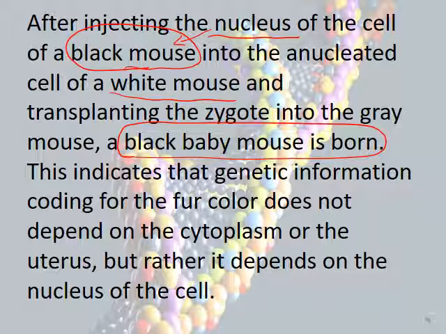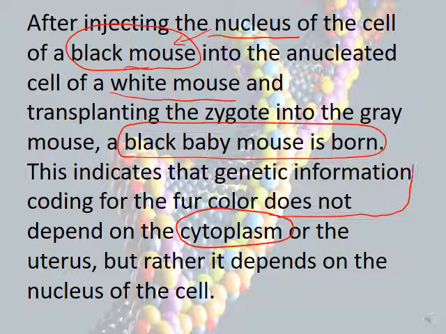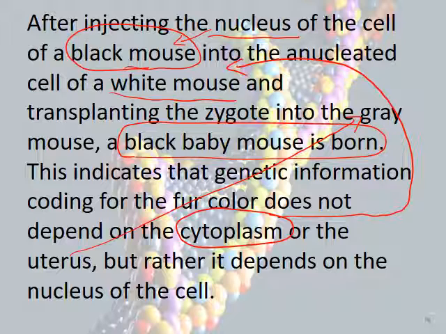What does this indicate? This indicates that the carrier of the genetic information is the nucleus, and the genetic information coding for the fur doesn't depend on the cytoplasm, meaning the cytoplasm of the white mouse, or on the uterus. The uterus is from the gray one, which had the role of the foster mother, so it carries only the zygote.